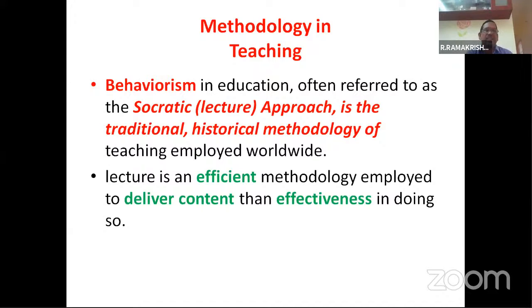In the traditional method of teaching, the methodology adopted is called behaviorism. Behaviorism is one of the traditional methods of teaching. That is also called a historical way of teaching. It is also called the Socratic approach. Socratic approach means lecturing. What we are doing in the present days is called the Socratic approach, the lecture method.